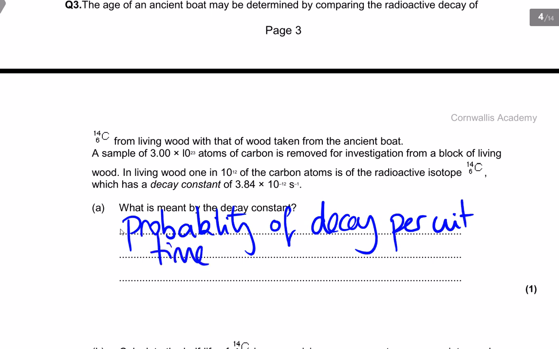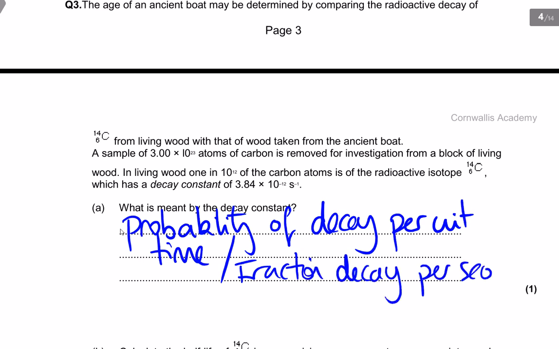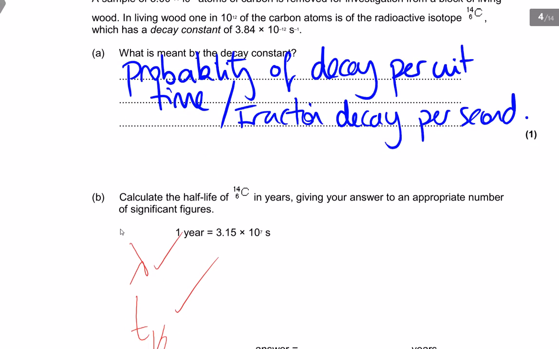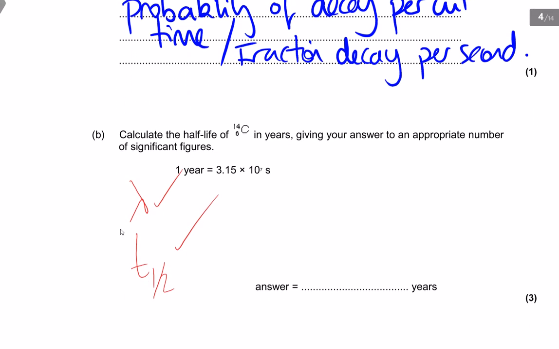So it's basically how likely it is that it's going to decay in a given amount of time, or the fraction decaying per second. We prefer to talk about per unit time because obviously we have decay constants in years, etc. So for B, we're calculating the half-life of carbon-14 in years, given to significant figures.